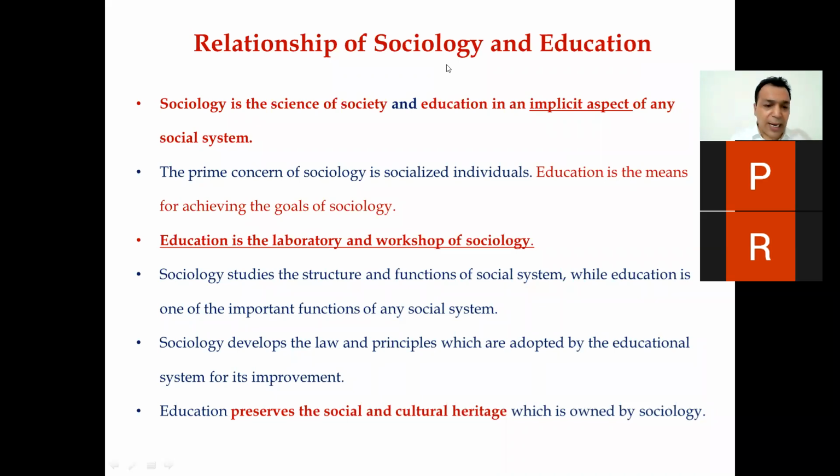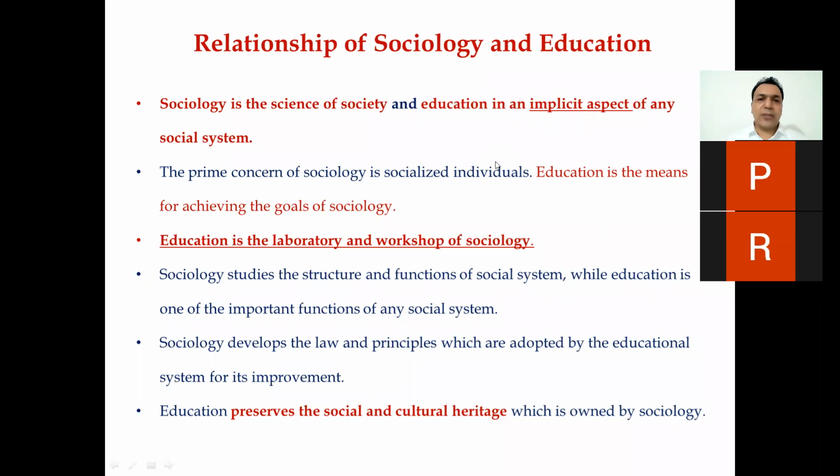The next relationship is that sociology develops the laws and principles which are adopted by the educational system for its improvement, okay. And the last relationship is that education preserves the social and cultural heritage which is owned by sociology, right, guys? So these are some of the points of relationship between sociology and education.